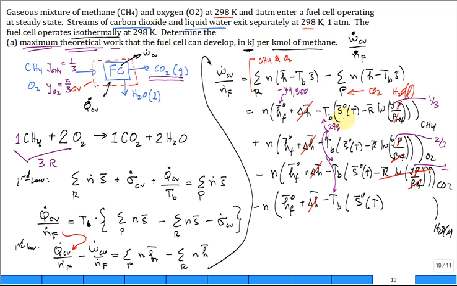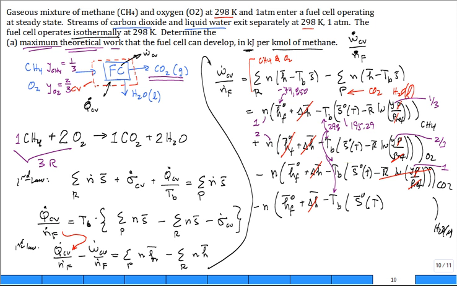The absolute entropy at 298 for methane is 195.29, and R bar we know is 8.314. Let's take a look at everything then for the methane, it is known, except I forgot to put the 1 for the stoichiometric coefficient. For the oxygen, 2 for the stoichiometric coefficient. The enthalpy of formation for oxygen is 0.